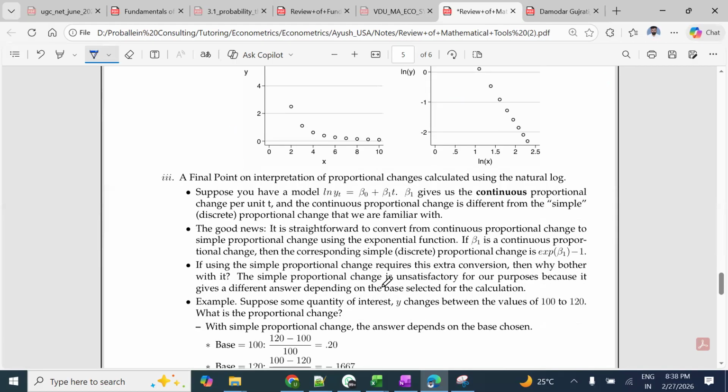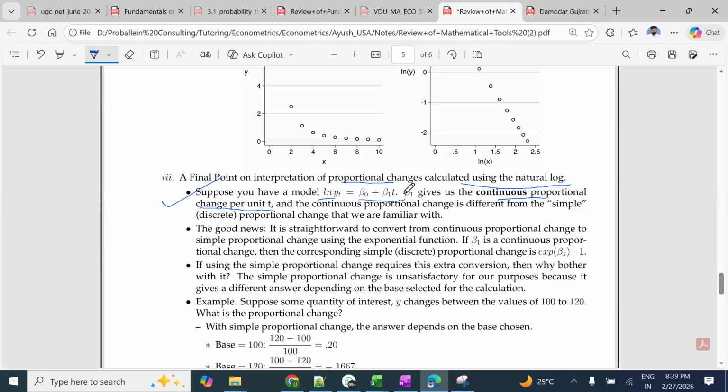Now the last section is the interpretation of proportional change using natural log. When you have a model like this, ln yt is equal to beta naught plus beta 1 t, beta 1 gives us the continuous proportional change per unit t.